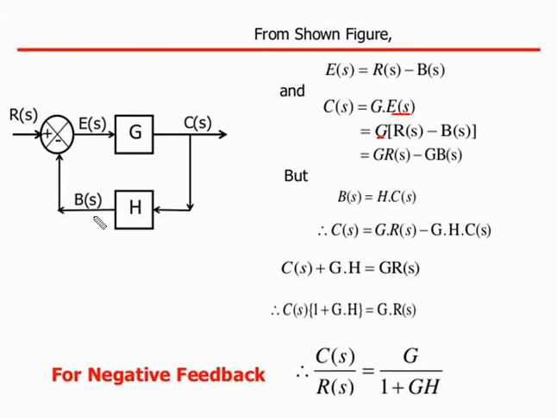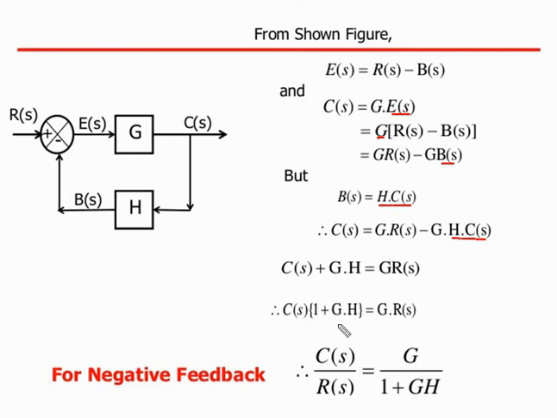But B(s), which is the output of the H, is defined as B(s) equals H into the input of the H. So the input of the H is C(s) and the gain of this block is H. So B(s) equals gain into the input, so it is H C(s). So C(s) equals G R(s) minus G B(s), which is G R(s) minus G H C(s).